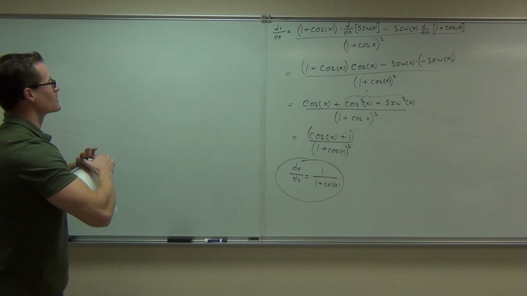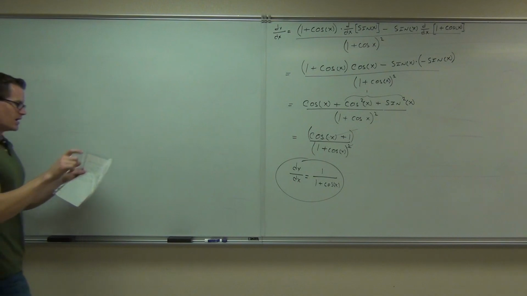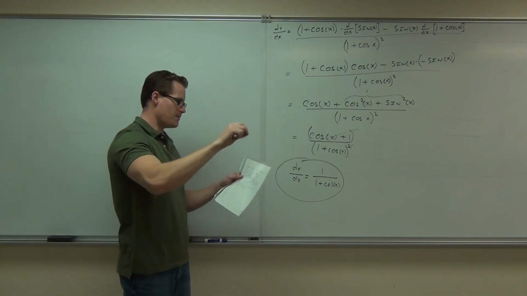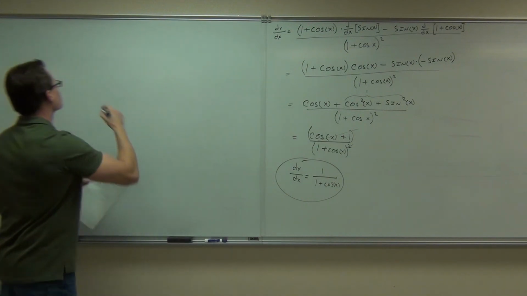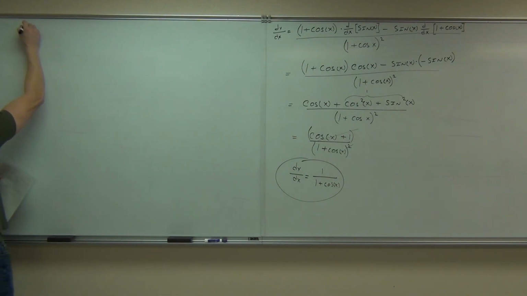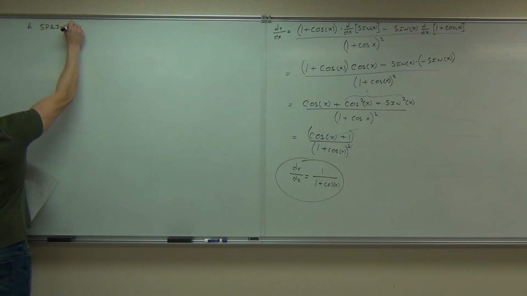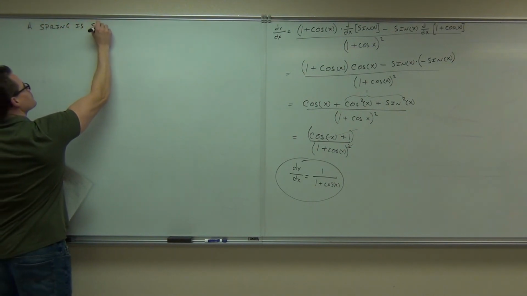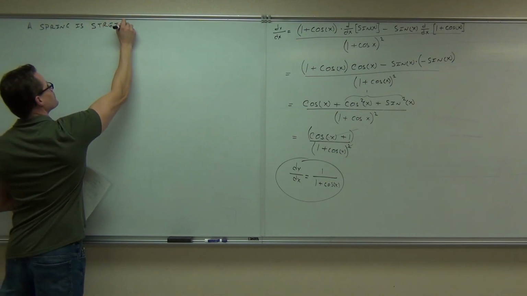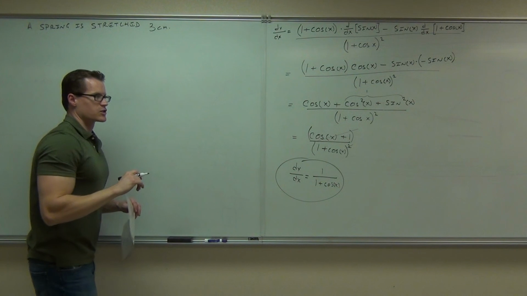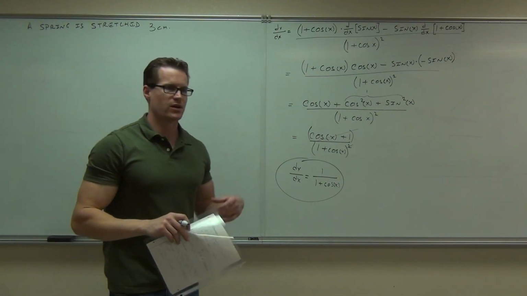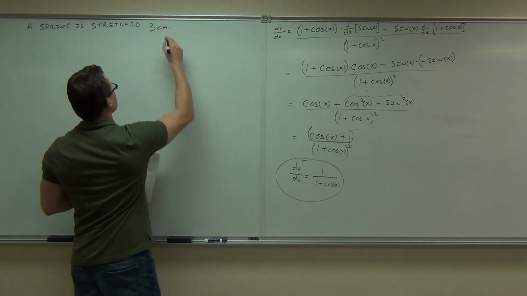As a matter of fact, if we look at this, I'll write out the example right now. We attach a spring and a mass stretches it 3 centimeters beyond its resting position. A spring is stretched 3 centimeters beyond its resting position.